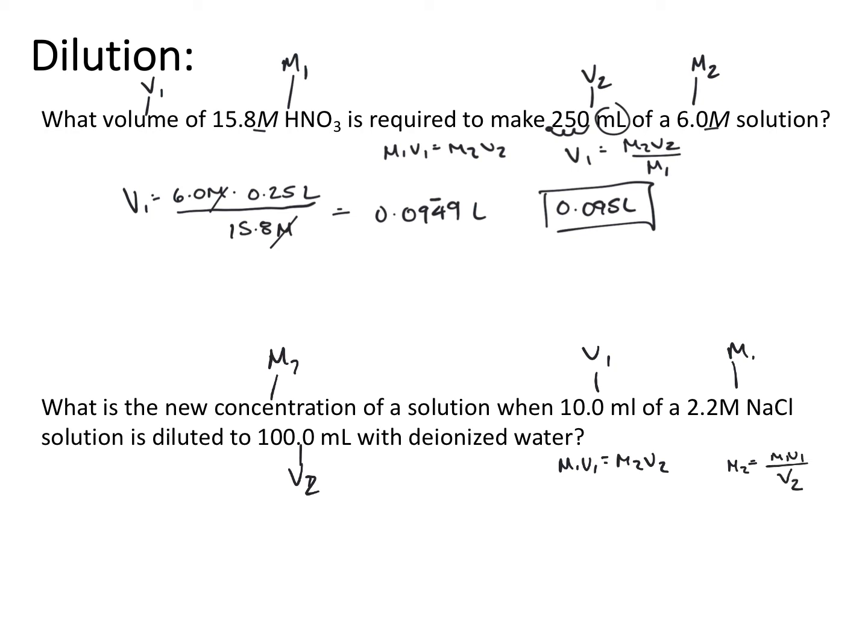We're then going to put all of our units into liters, so we're going to move our decimals here and here. Then we're going to plug in our values. So M2 is going to be equal to M1, which is 2.2 molar, times our V1, which is 0.0100 liters, divided by 0.1000 liters.